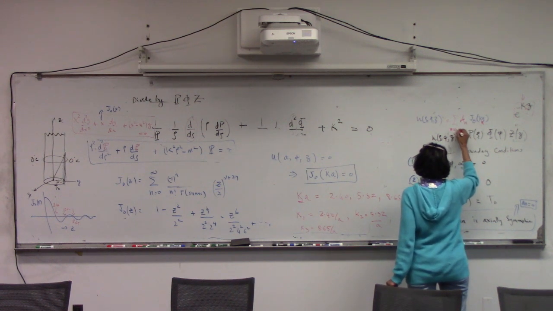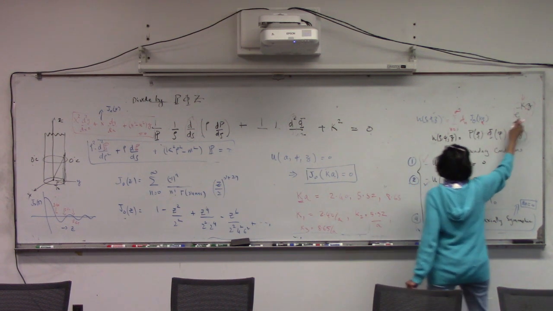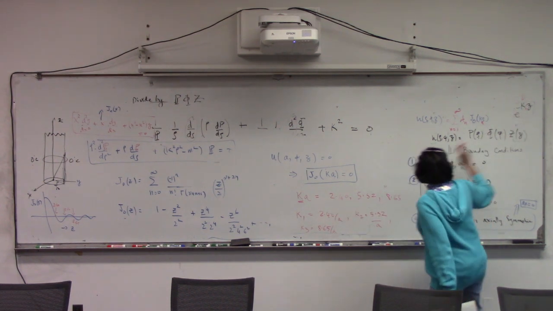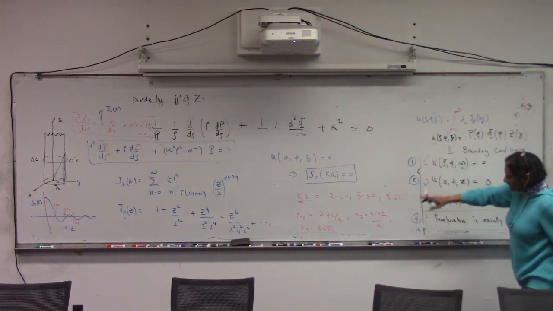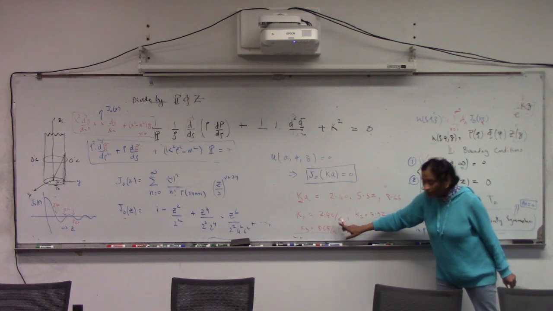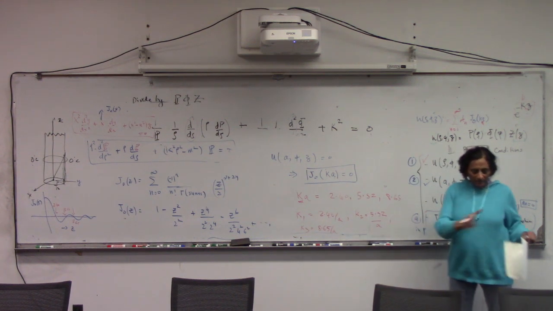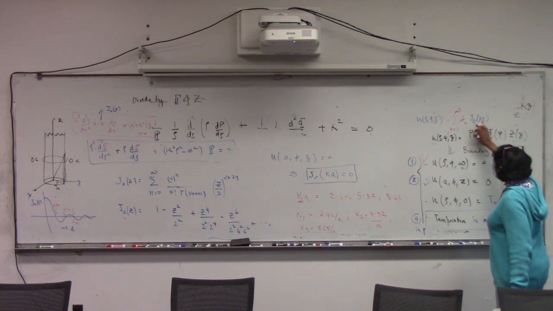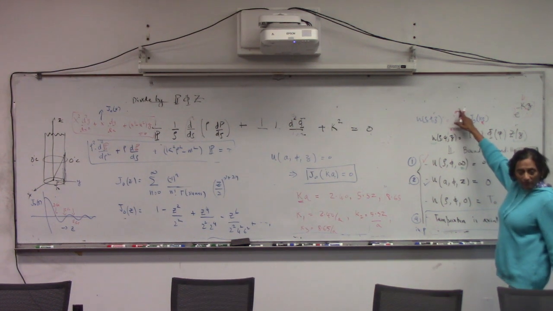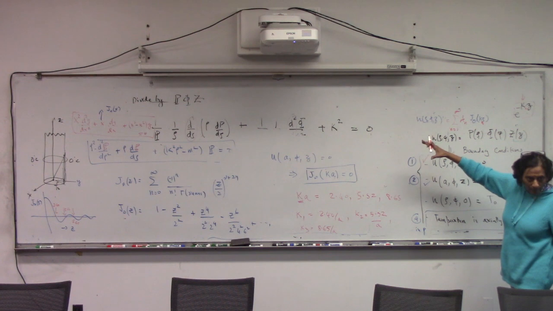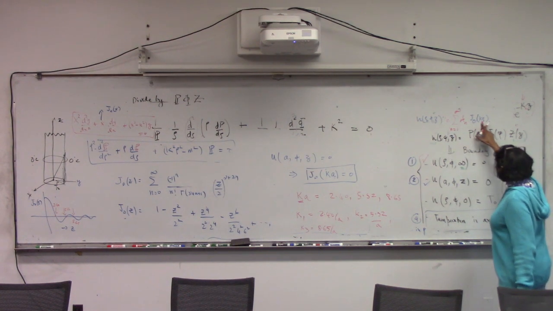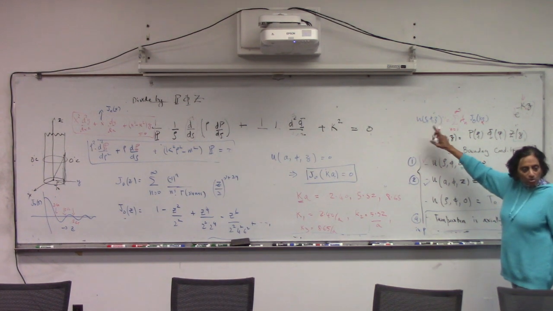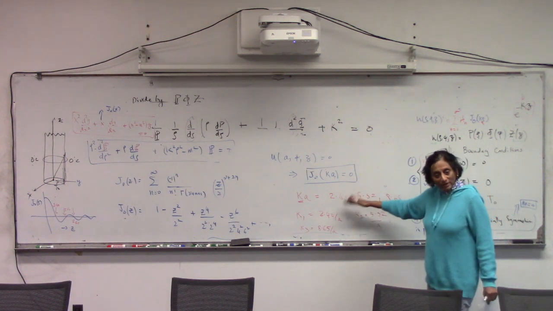Sum over n going from 1 to infinity. For n equal to 1, it will take that value. k_n is exactly equal to 2.40 divided by the radius of your cylinder. So there are several discrete values of k for which your Bessel function is going to become 0. The real solution is a superposition of all those values of k.